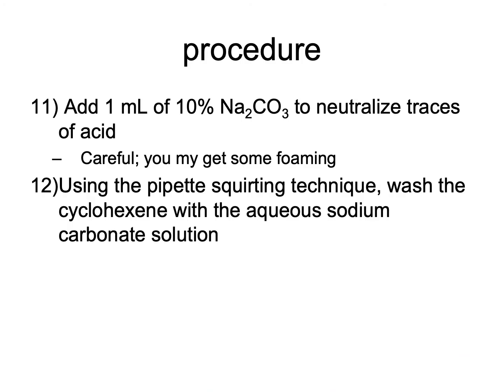To make the process of removing water from the bottom of the test tube easier, we are going to add 1 milliliter of 10% sodium carbonate, first of all to neutralize traces of acid, and then to make the water observable by changing the color.